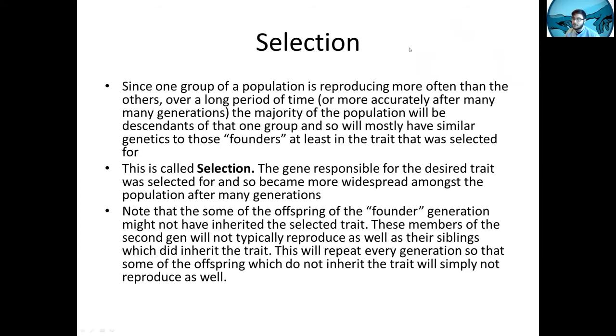And that's why after many generations, the entire population is not just a clone of the founding generation. They have slight differences because those differences were not selected for. Okay. And again, this is called selection. The gene responsible for the desired trait was selected for, and so it became more widespread among the population after many generations. That's the whole idea.